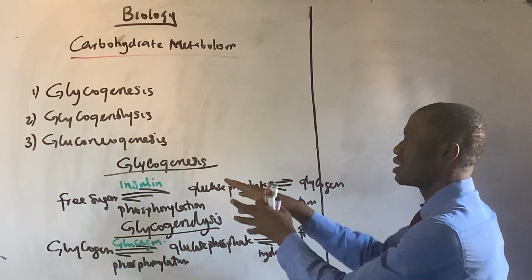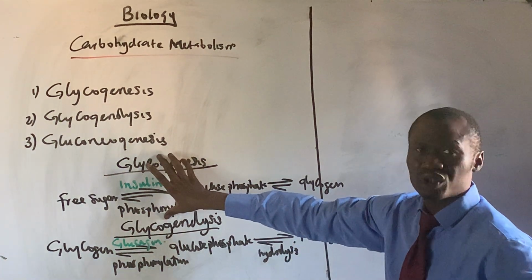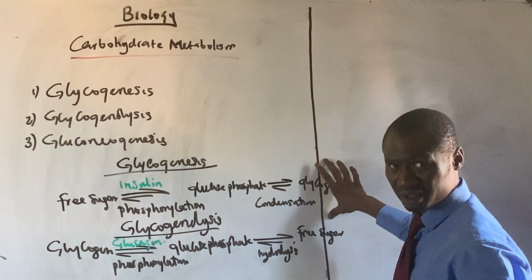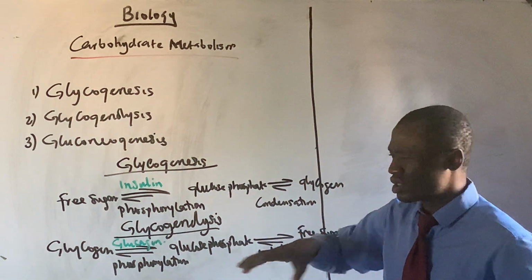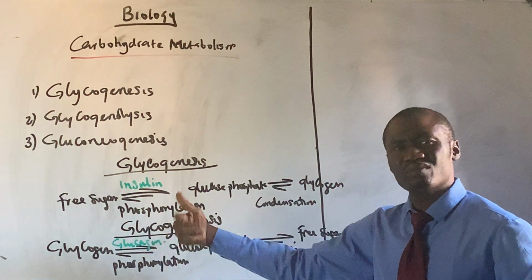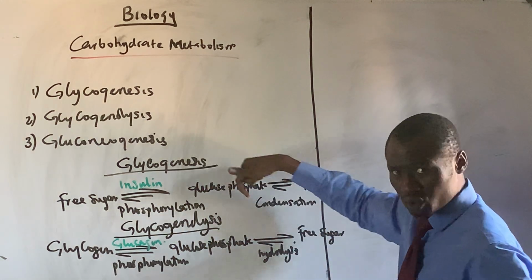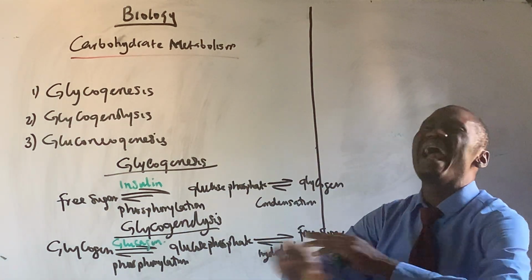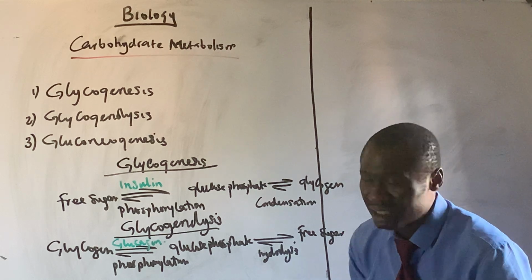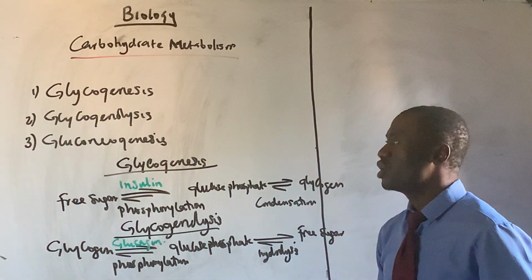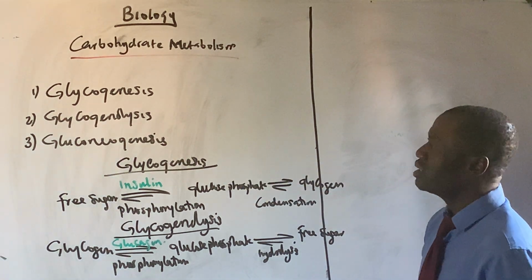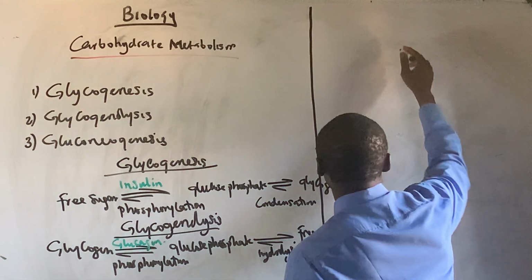Now, this system is when you have enough glucose in your body, it ought to be stored as glycogen. When you have less glucose in your body, then your body starts reconverting the glycogen that you have already stored to glucose. But when you don't have any glucose at all in your body, then you have the process of gluconeogenesis.